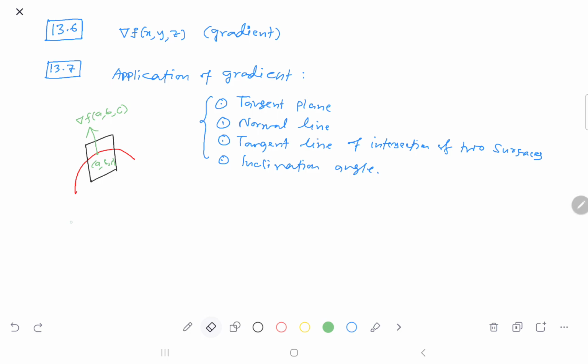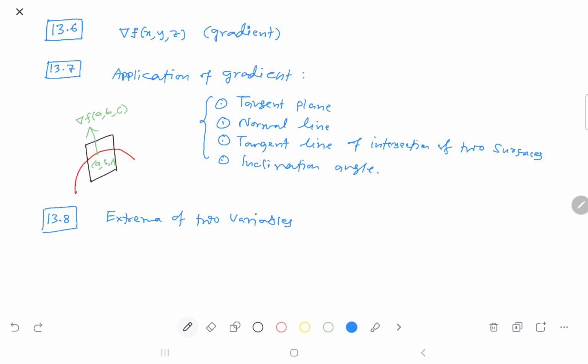And what we do next is also an application of the gradient: in 13.8 we see extrema of two variables.